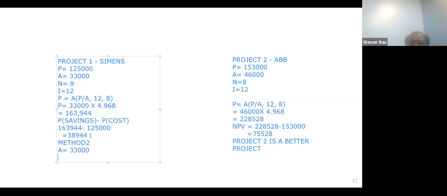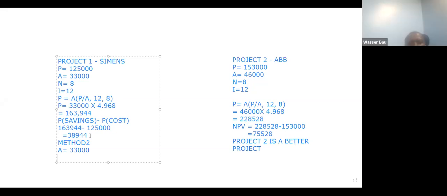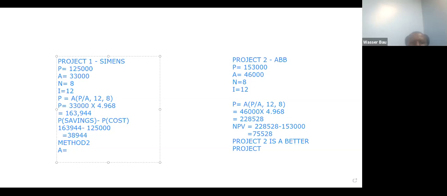What is the annuity? I will annuitize P. In this case now, I want to know the annual income of this project. The project is costing us 125.